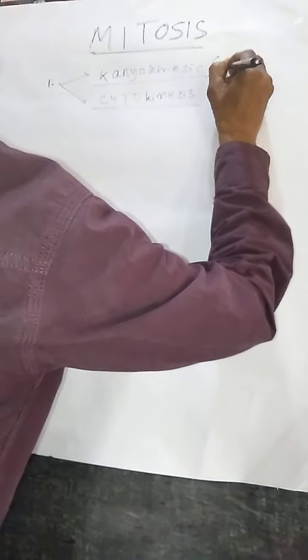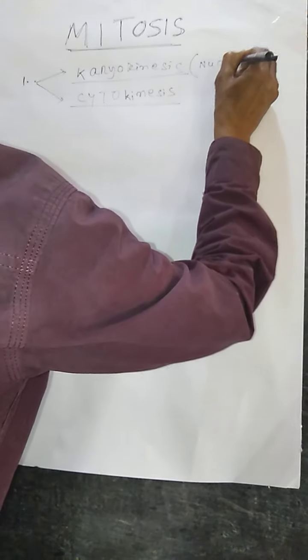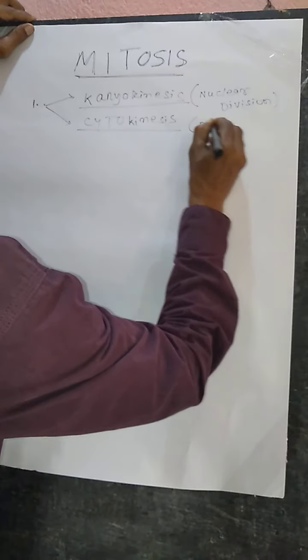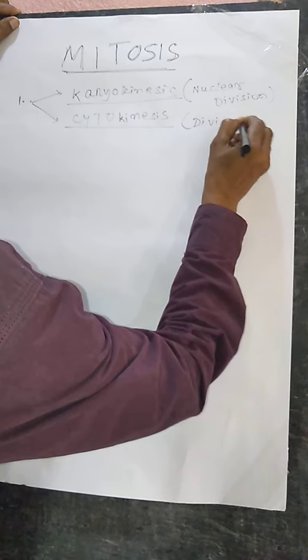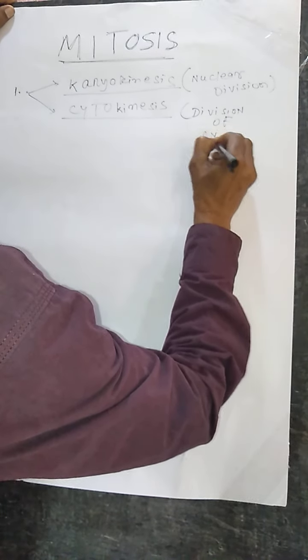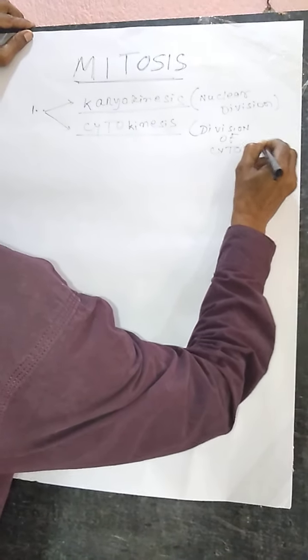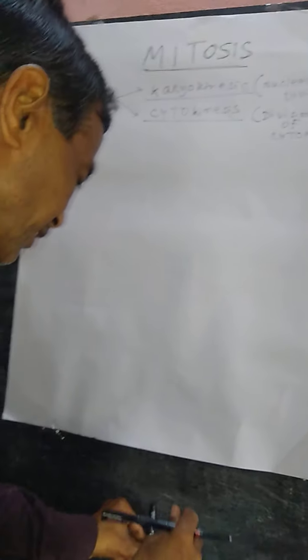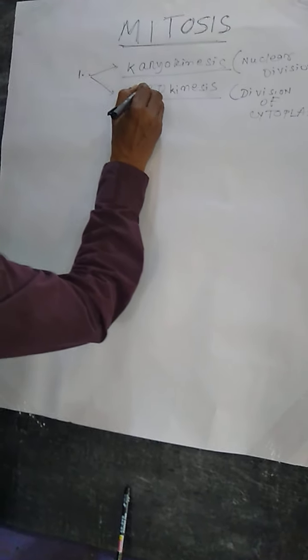Karyokinesis is the nuclear division, the division of the nucleus. Then cytokinesis is the division of the cytoplasm.